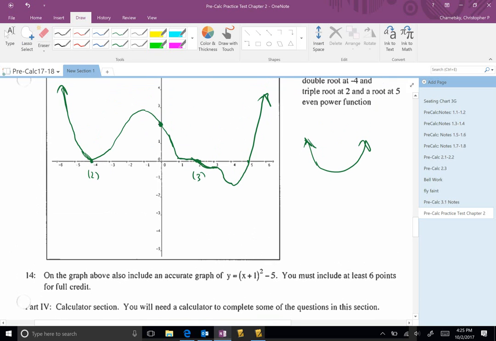All right, and then we're also supposed to graph y equals (x + 1) squared minus 5. To do that, we're going to plot some points. One point that's actually given to us, since this is in vertex form, is our vertex at (-1, -5), so I can graph that.